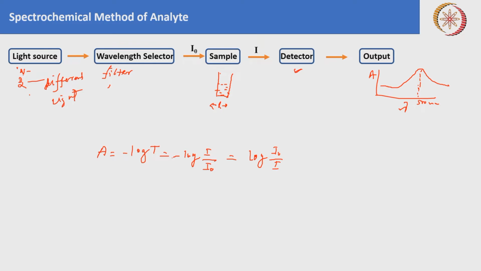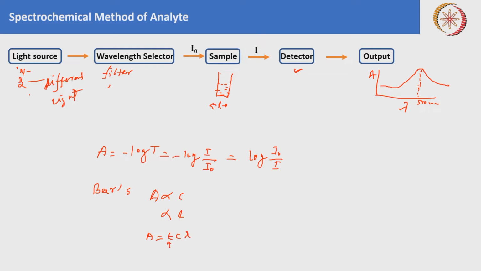If you invert it, it becomes log I naught by I. From Beer's law, absorbance is proportional to concentration, and from Lambert's law, absorbance is proportional to the length of the cuvette. So if your length is high, your absorbance will be high.